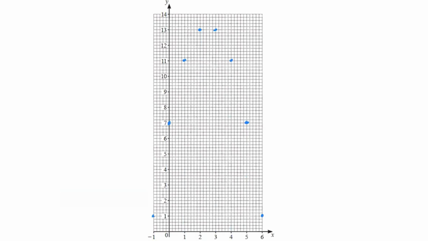Now we connect the dots. Try to make it as neat as possible. This is basically a quadratic graph, a very rough version of it, but you get the basic gist.